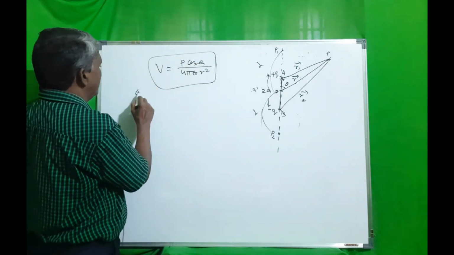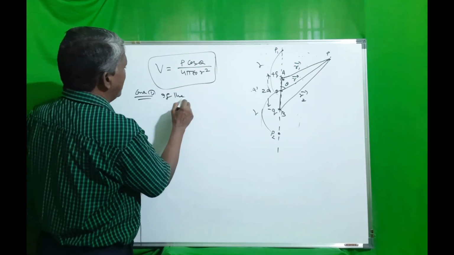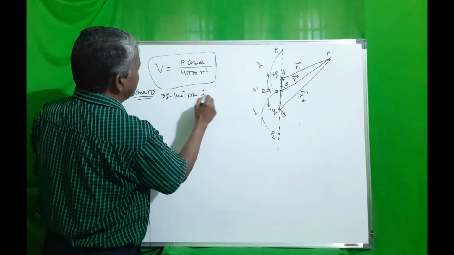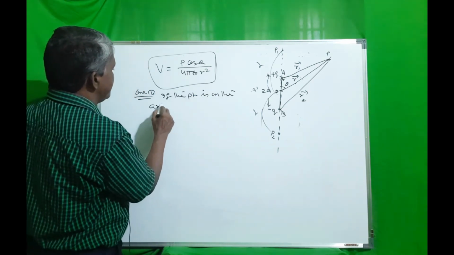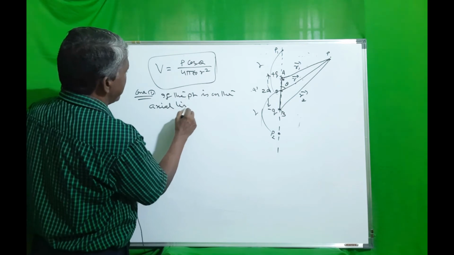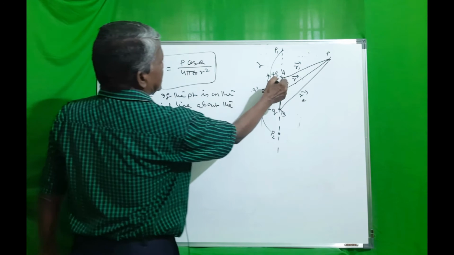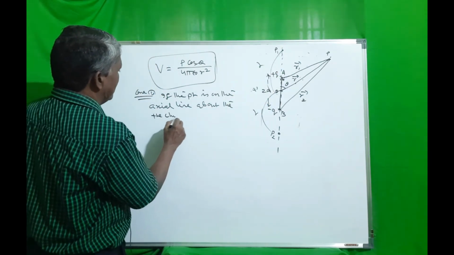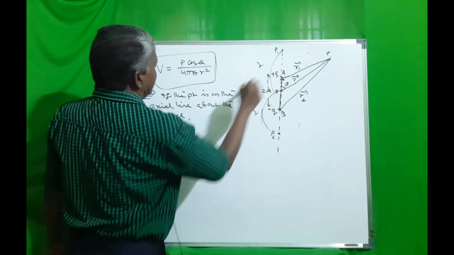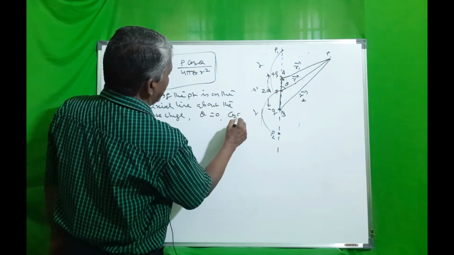Case 1, if the point is on the axial line about the positive charge, then theta is 0 and cos theta is 1.